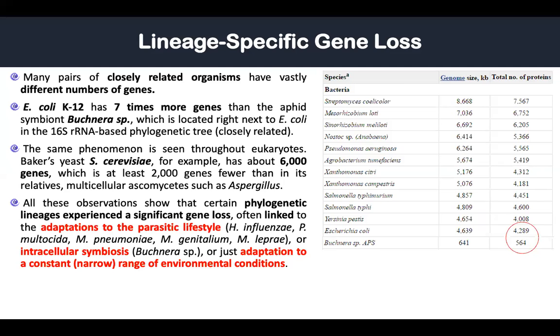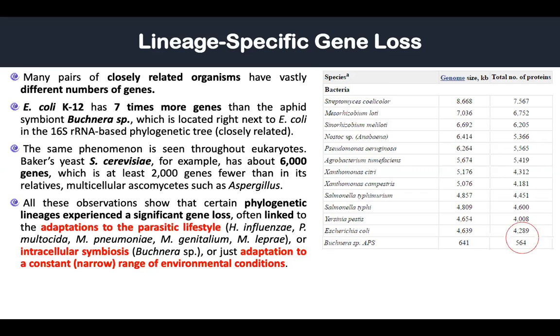For instance, Saccharomyces cerevisiae has about 6,000 genes, which is about 2,000 genes fewer than its relative Aspergillus. They have done some analysis, and found that in some genomes, they have lost some genes. So gene loss has happened over the years.